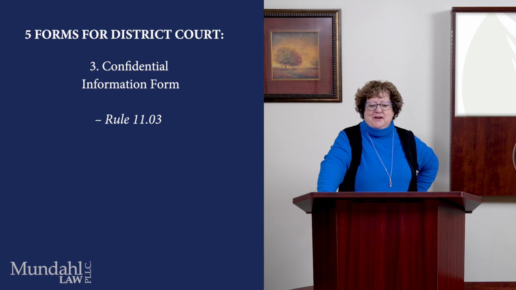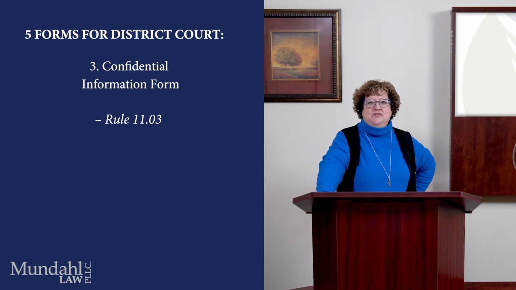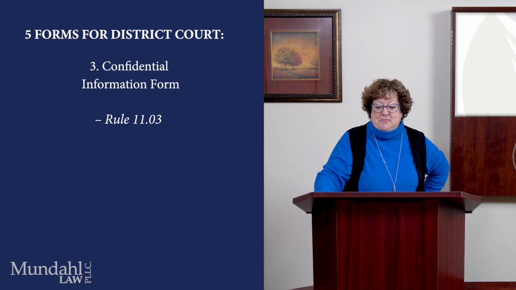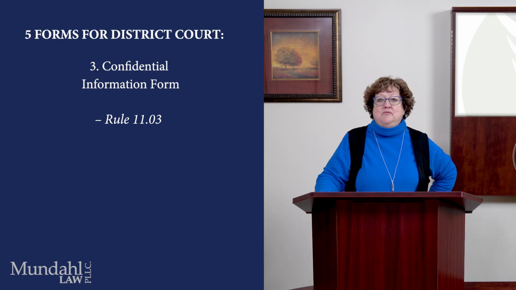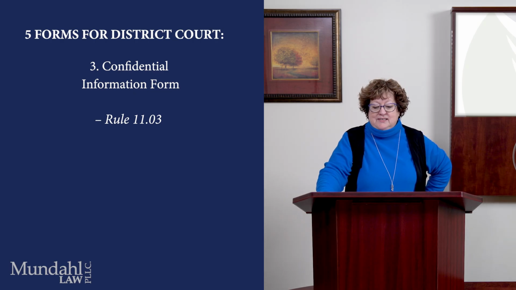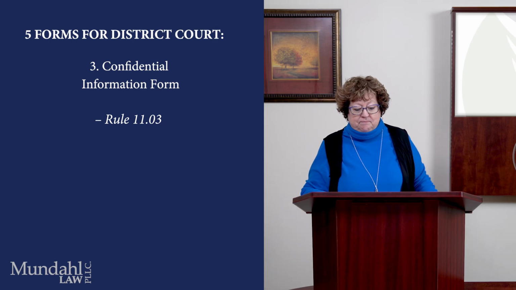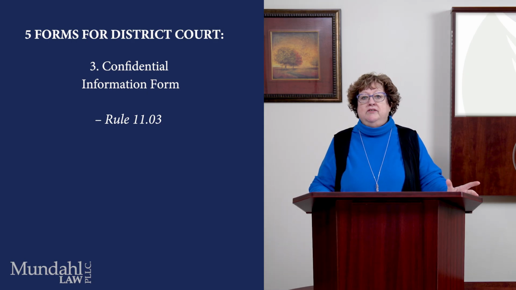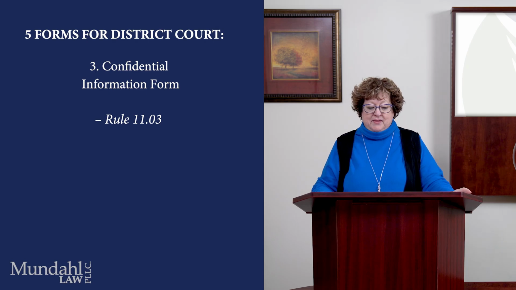So when you file that form in district court, they actually put it in a manila envelope, and it's sealed and no one can look at it except the judge. That's the purpose of the confidential information form. It's so the court knows definitively that you are who you say you are, and who the parties are and who the parties' children are.